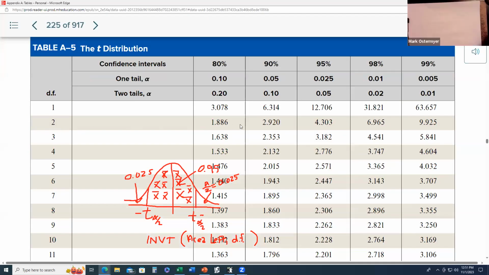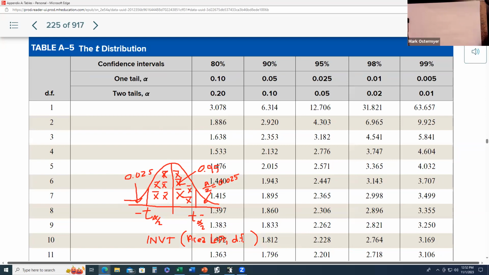So you bring this up. And now, the confidence interval, you select what? 95% in this case, correct? 95% in this case here. And this is wonderful. This table allows you to build confidence intervals for 80%, 90%, 95%, 98%, and 99%.